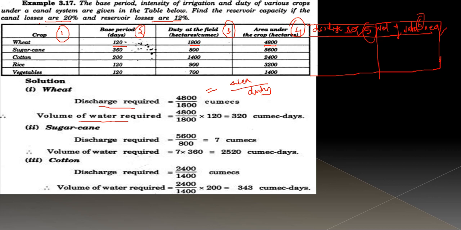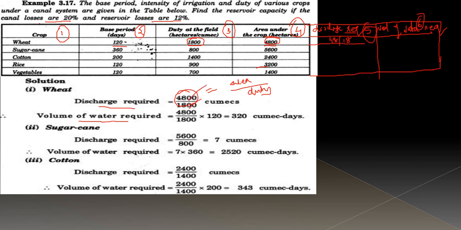So discharge required is equal to area by duty, that is area under wheat, 4800 by duty at the field, 1800. So that is 4800 by 1800. We can write that value here, let it be 48 by 18, after cancelling these zeros.